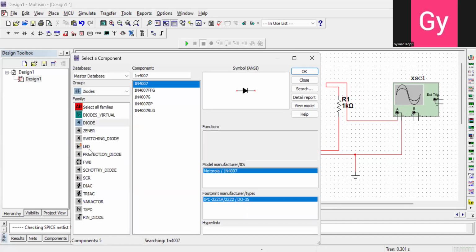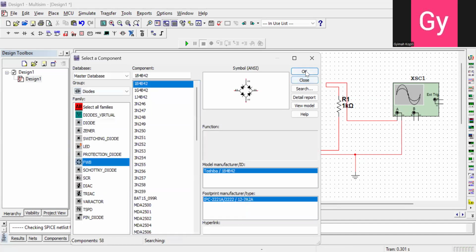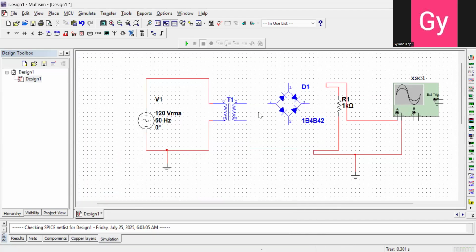Let's go and look for our bridge rectifier. Then I connect that one and see. So we have this. This is actually the way we connect it. Then this one goes to the top there. So note the way I'm doing the connections. Now let's simulate and see.